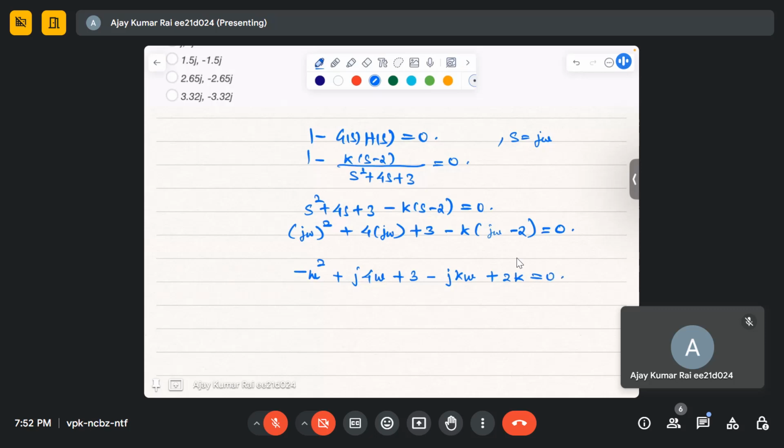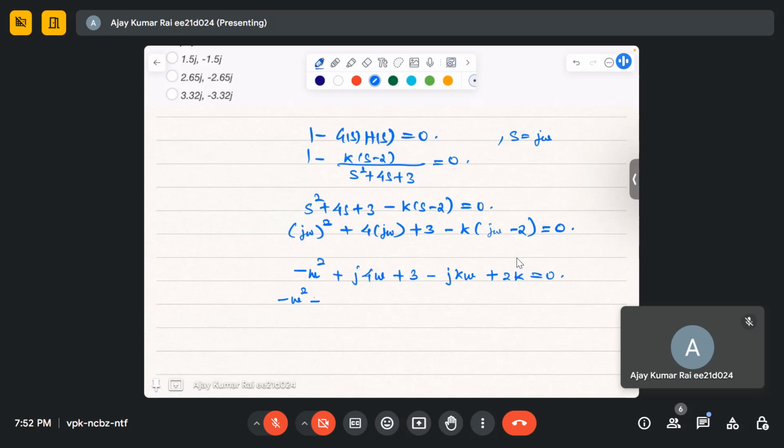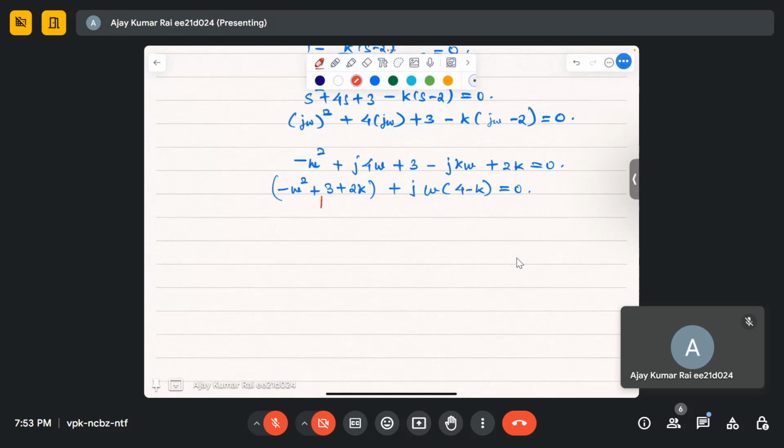The real part is minus omega squared plus 3 plus 2K, plus j(4 omega minus K omega). Let me take omega outside: omega(4 minus K). So this is the imaginary part, and both the parts should be equal to 0, right?